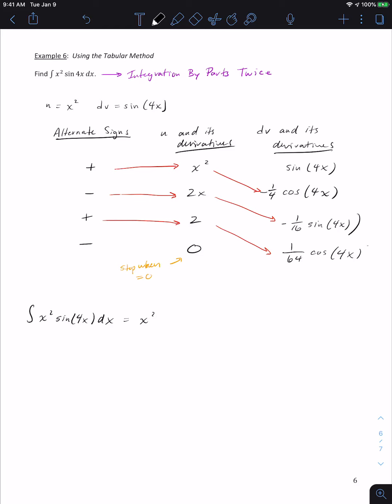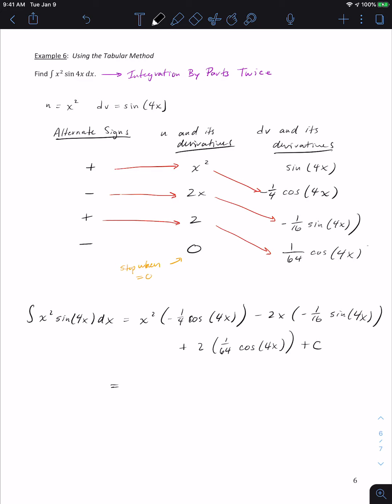So x squared and negative 1/4 cosine of 4x. And then now I have a minus sign, minus 2x times minus 1/16 sine of 4x, and then plus 2 times 1/64 cosine of 4x, and then plus c.